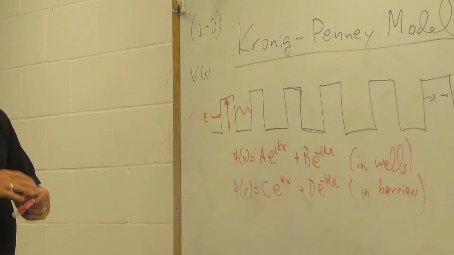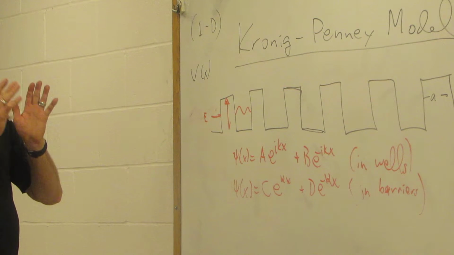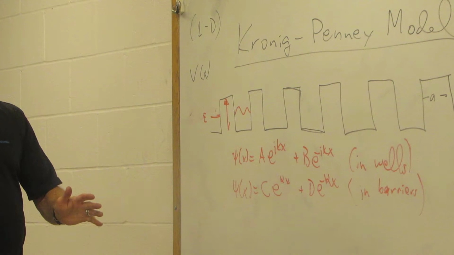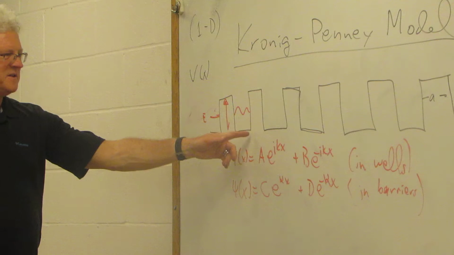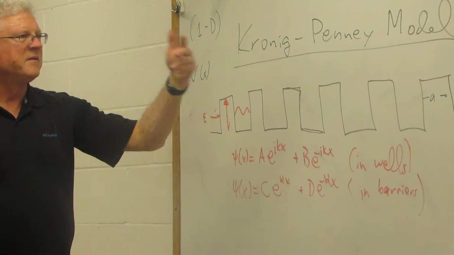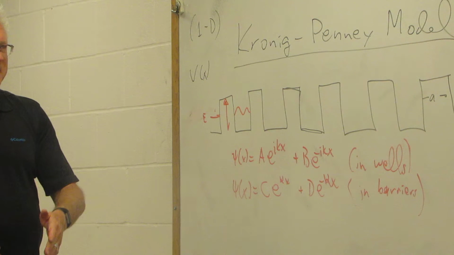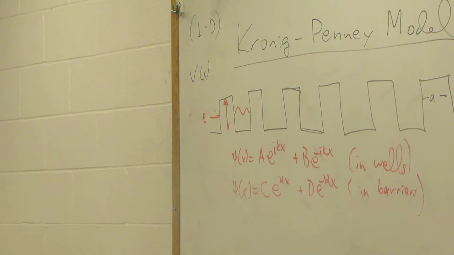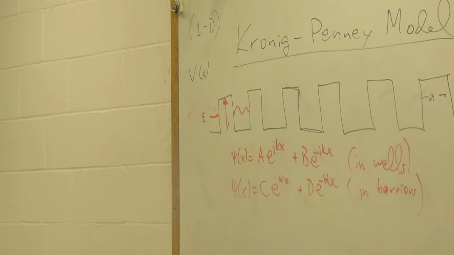And so the question is, we want everything to match up at the boundaries. So you have to satisfy the boundary conditions in some way. When you go through that exercise, you end up being able to come up with some kind of analytical expressions that relate how k and kappa relate to each other.